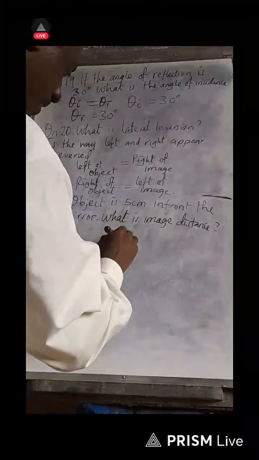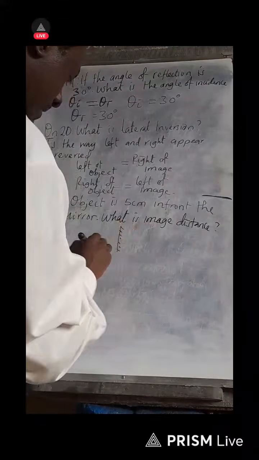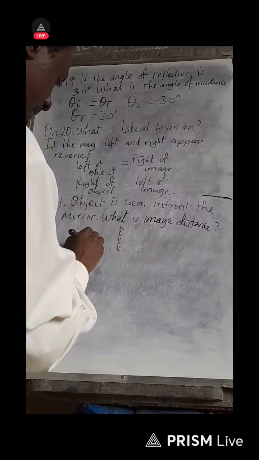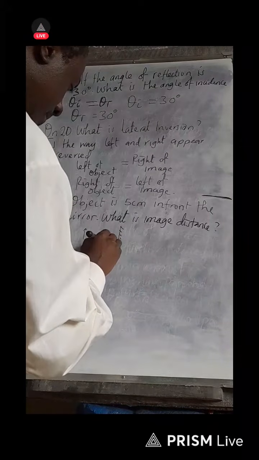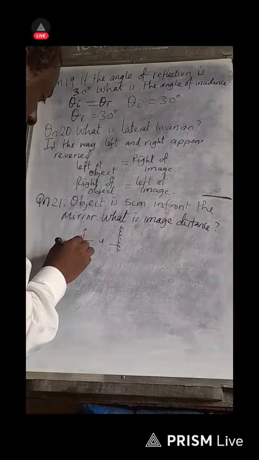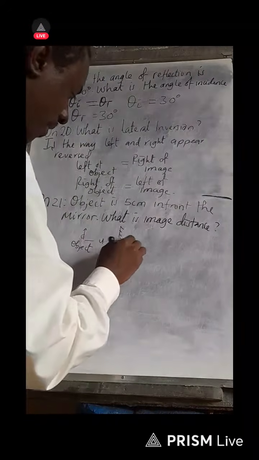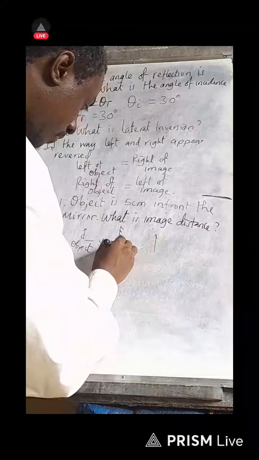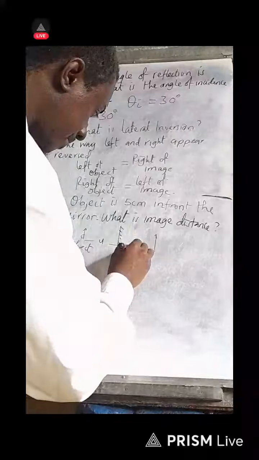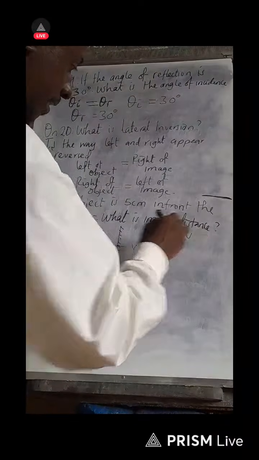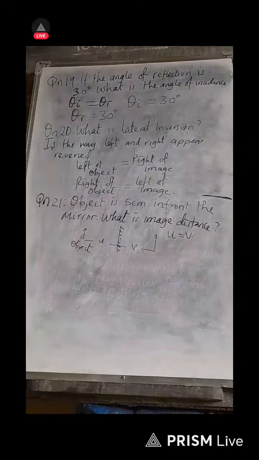If you have the plane mirror here, and this is the object, the image is always found behind the mirror at the same distance. Normally, object distance is equal to image distance.